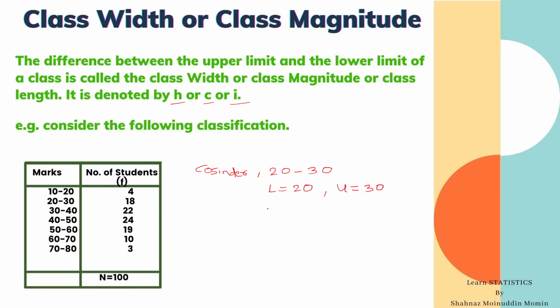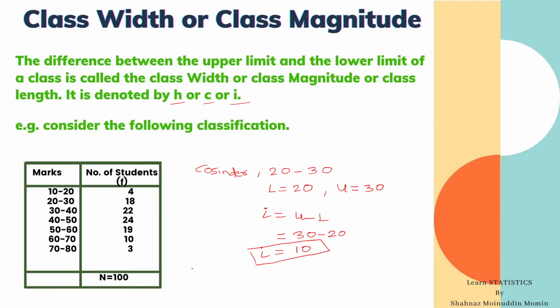Therefore, the class interval I is calculated as upper limit minus lower limit. Substitute these values, we get the class interval is I equal to 10.